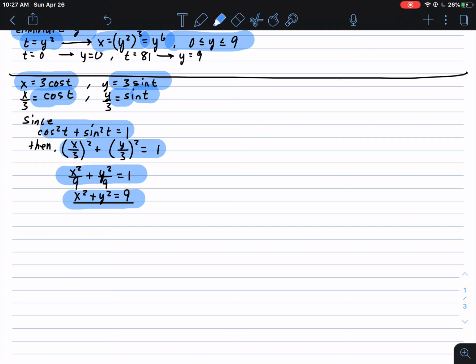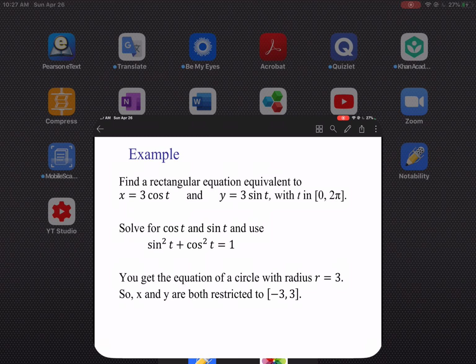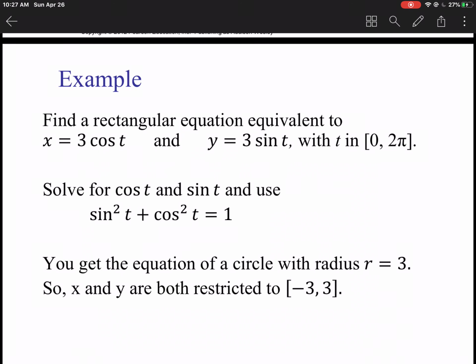Since we're using these trig functions, I could let theta be my parameter, the angle of rotation, instead of t just being time. So it could be different depending upon the context in which it's being used, but it's still arbitrary. You use whatever variable you want to use. It's just that t and theta are the most common when you're dealing with these parametrics.